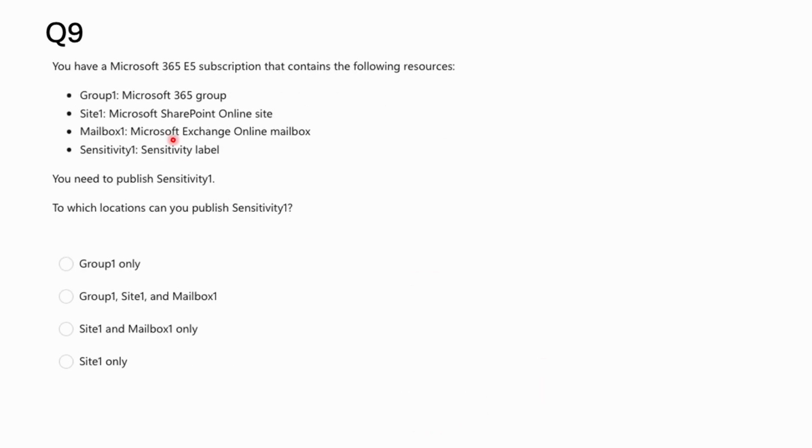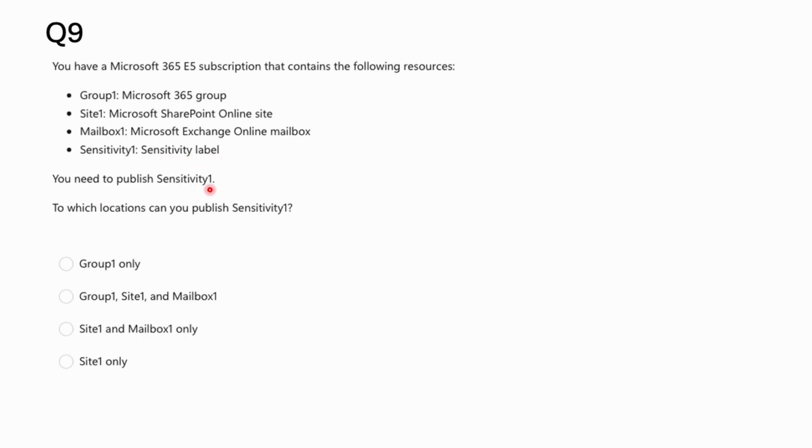Okay, let's see question number 9, where it says you have a Microsoft 365 E5 subscription that contains the following resources. We have group 1, which is a Microsoft 365 group. We have site 1, which is a Microsoft SharePoint Online site. We have mailbox 1, which is a Microsoft Exchange Online mailbox. And we have sensitivity 1, which is a sensitivity label.